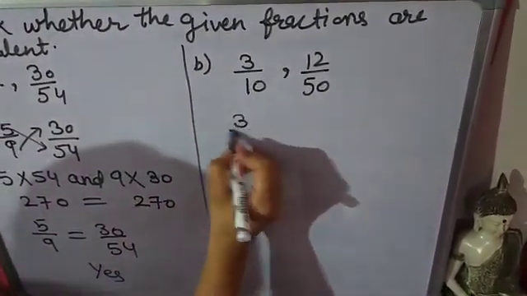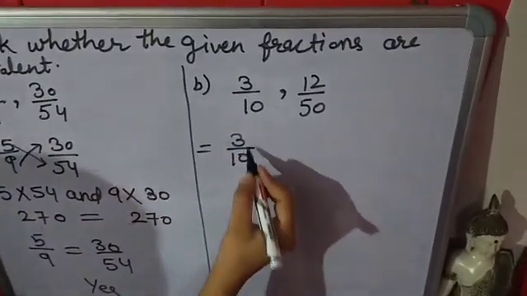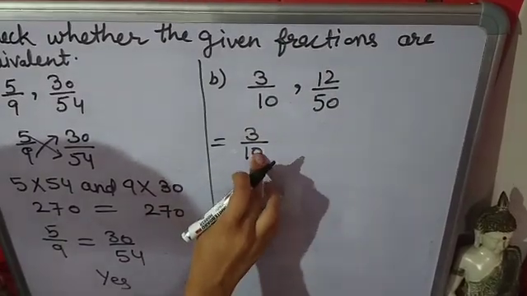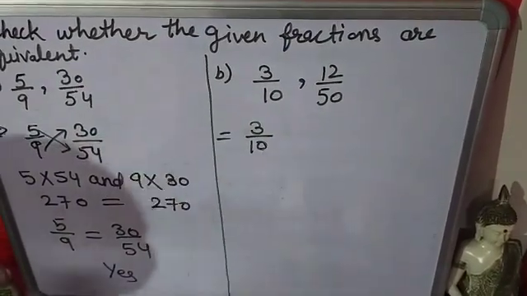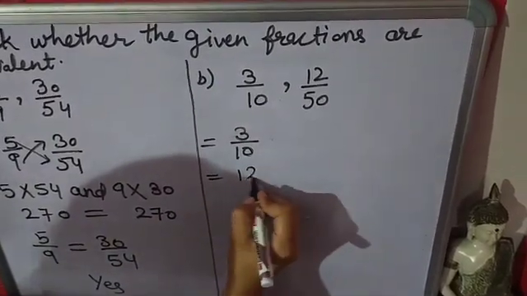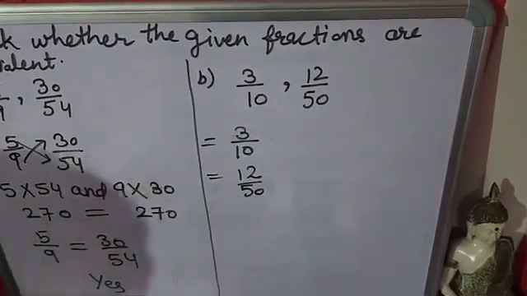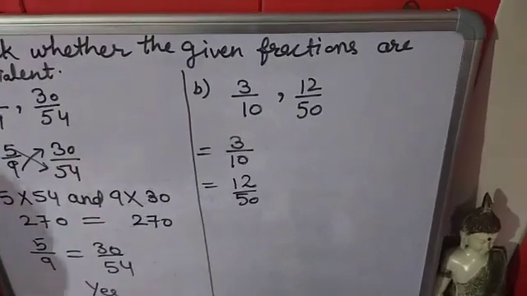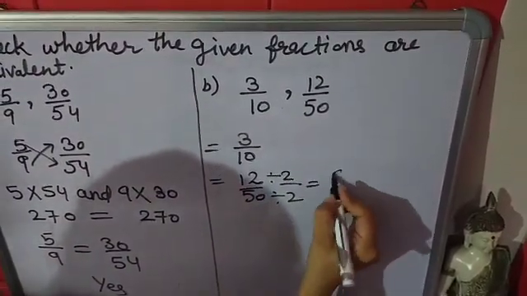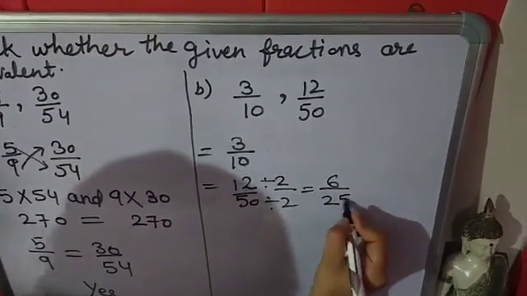Okay. Now B part. B part I am doing with the cutting method. First of all we will take 3 upon 10. We will check whether 3 and 10 both come together in any table. No, 3 and 10 both are not coming together in any table, so leave it. Now we will take the next number, 12 upon 50. We will check whether it is divisible by any table. Yes, it is divisible by 2, both numbers. 2 sixes are 12, 2 twos are 4, 2 fives are 10.